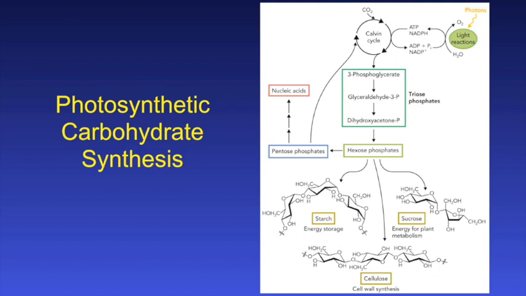But once P680 left, I had to refund that electron, right? Where did the electron come from? It came from a manganese complex called the oxygen evolving complex. And those electrons came from the manganese center reacting with water.